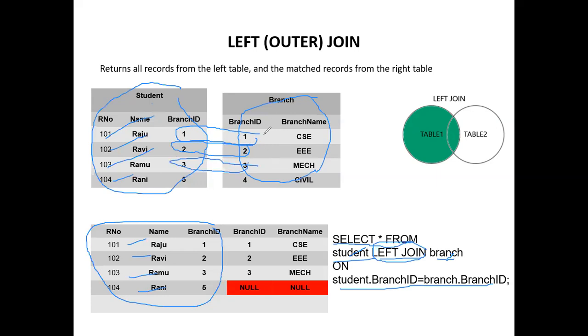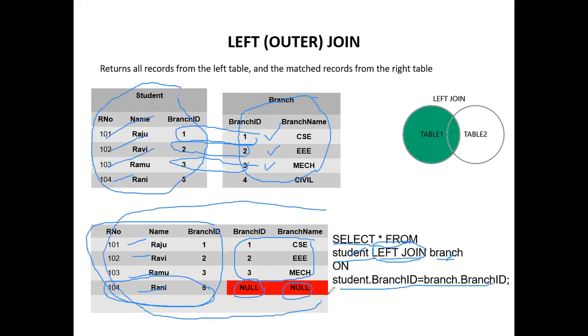The branch table has only 3 matching records, so only those 3 will appear here, and in the left table all 4 rows will be considered. For the final row, no data is available in the branch table, so in such a case null values will be inserted. This is the table finally created when you join the tables with the left join or left outer join.